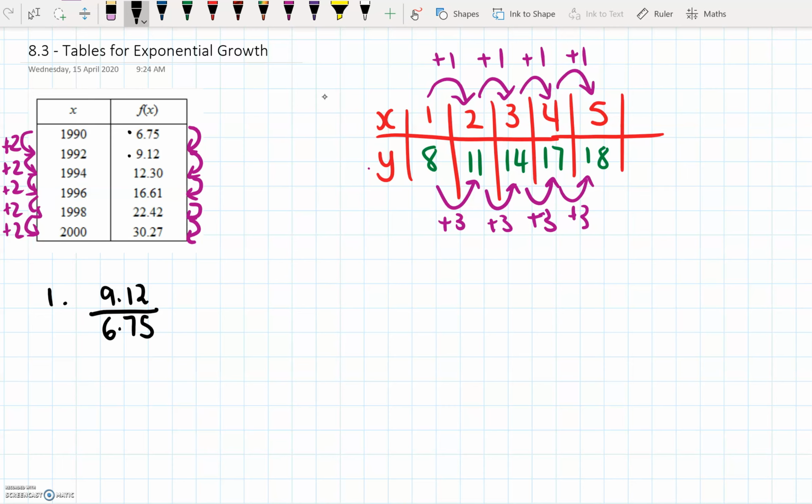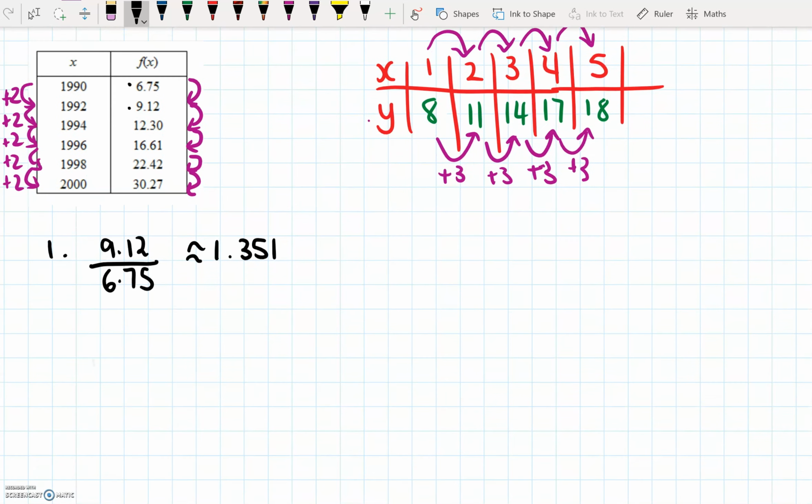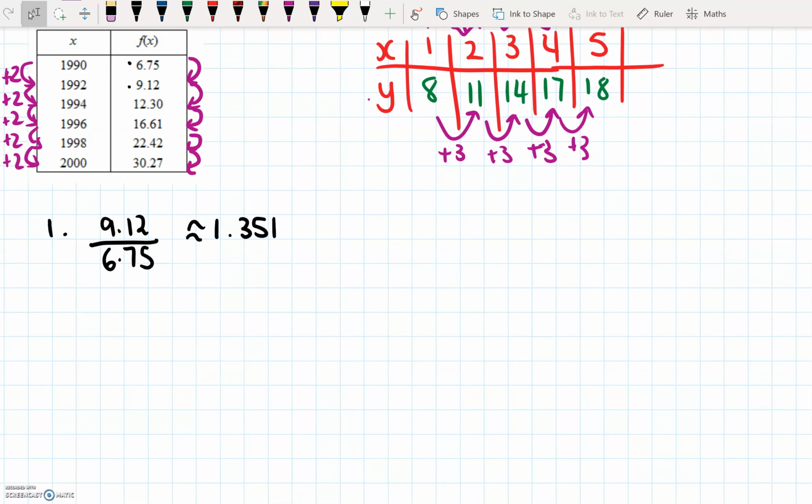And we get approximately 1.35. Okay, we might go 3 decimal places. We want a pretty close answer for each one. It's never going to be quite exact.